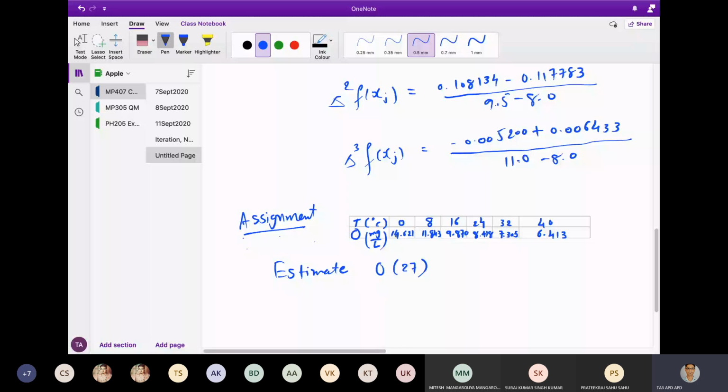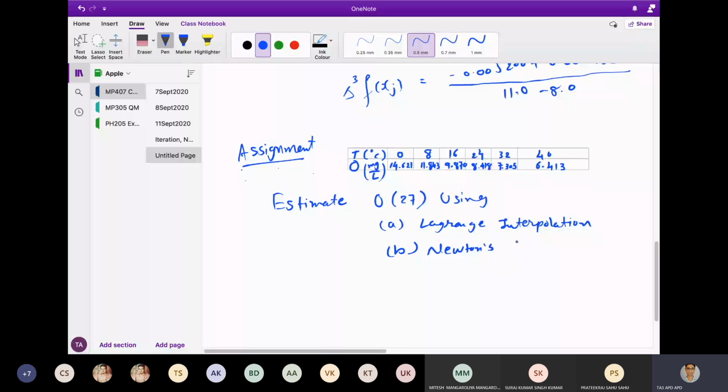So O27 you have to estimate using Lagrange interpolation and Newton's divided difference interpolation.